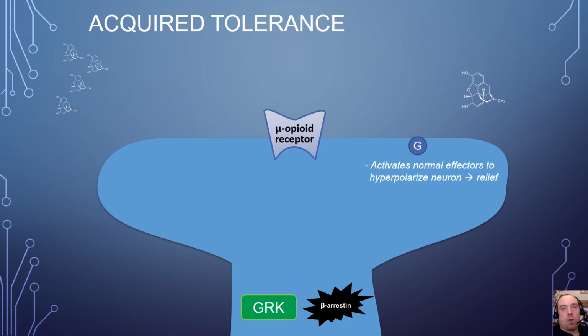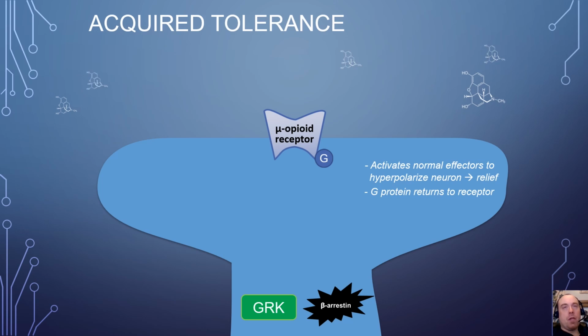So the G protein did its job, which, just for simplicity's sake, I'll say suppressed the neuron. Remember, by opening the potassium channels and preventing calcium influx and the things that I've talked about before. But normally the G protein would go back to the receptor and it could be activated again.